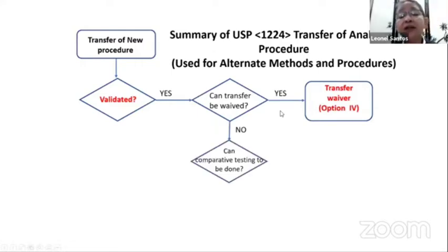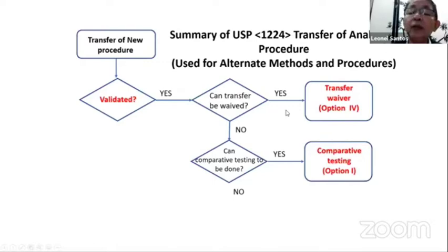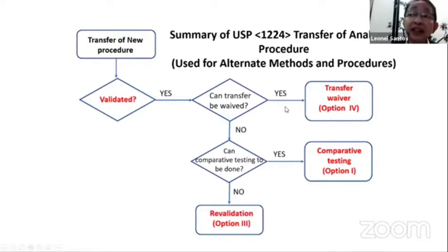If not, then you can analyze a common sample between a transferring lab and a receiving lab, and this is termed comparative testing. And if you still have issues, you have to do what is called revalidation, meaning the receiving lab has to do some or most of the validation processes.